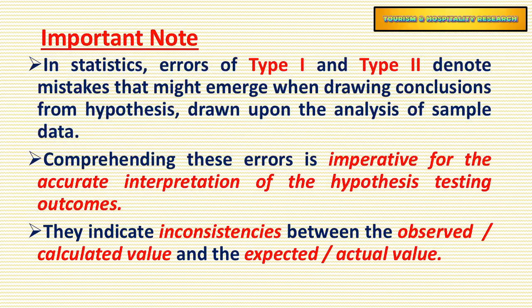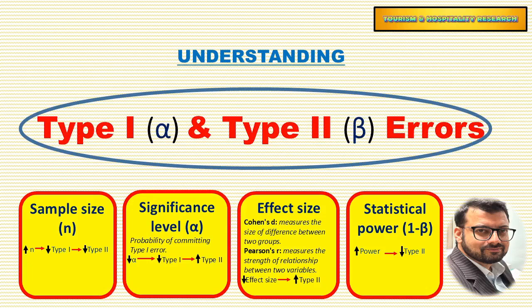Comprehending these errors is imperative for the accurate interpretation of the hypothesis testing outcomes. They indicate inconsistencies between the observed or the calculated value and the expected or the actual value. So now let us discuss these 4 reasons or 4 factors which contribute to type 1 and type 2 errors.